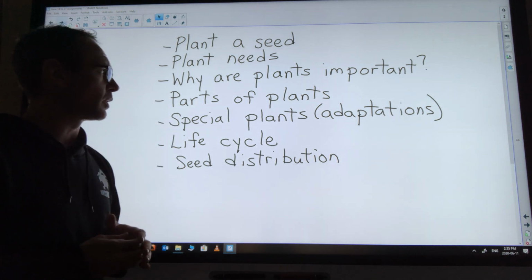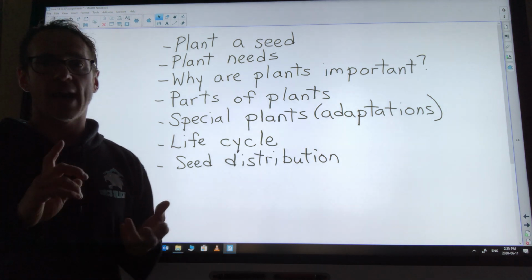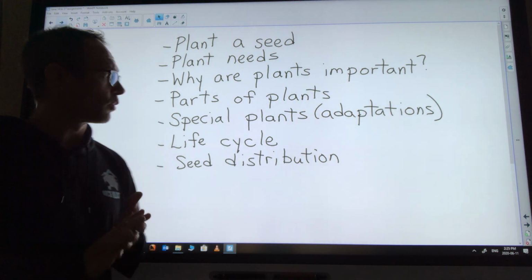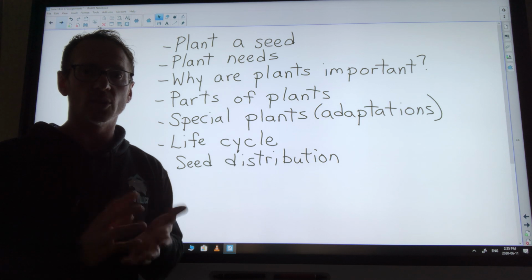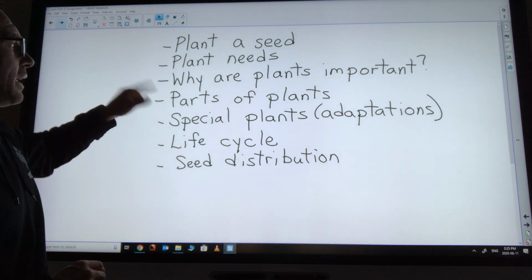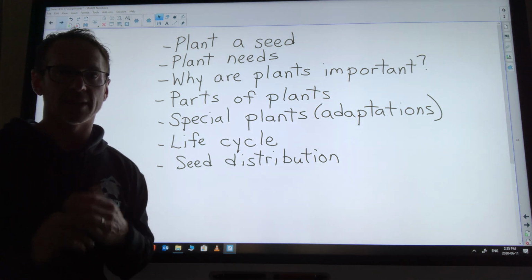The next thing we did was we talked about parts of plants, and we looked specifically at seeds, at roots, and at leaves. And we looked at how plants use these different parts, what their function is. We then looked at some special adaptations that some plants have.